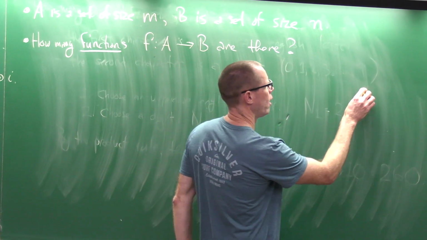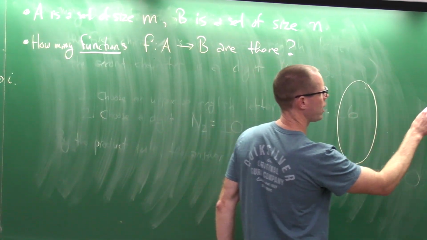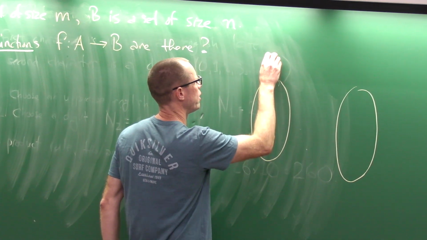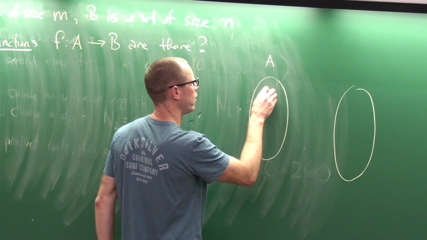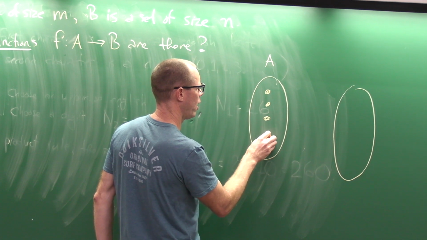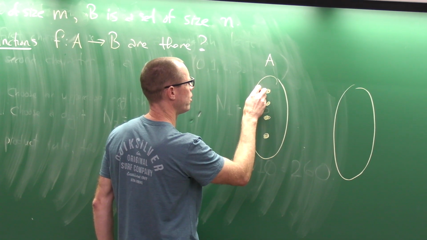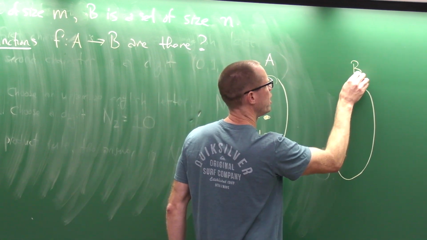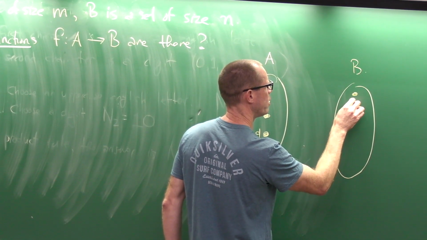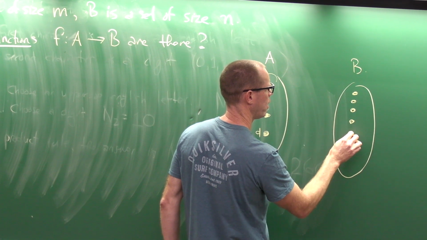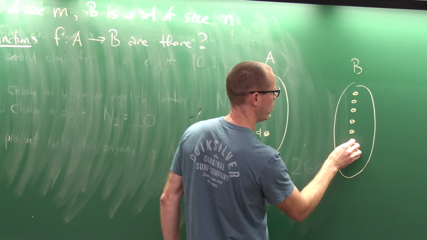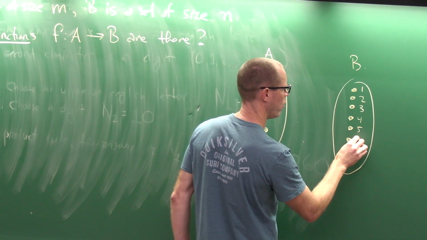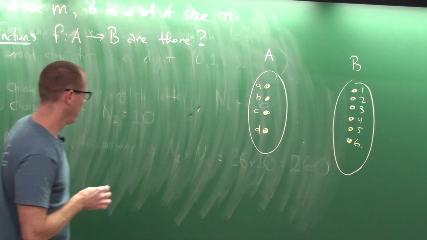So there's a reasonable picture of this: this is A, and there are 4 elements in A, let's call them A, B, C, D, and here's B, with 6 elements, 1, 2, 3, 4, 5, 6.